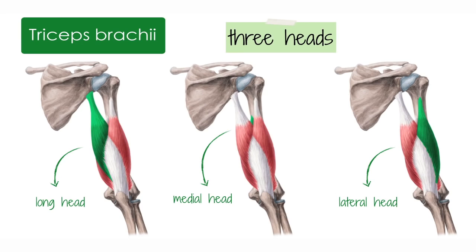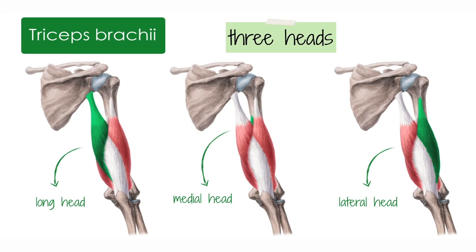Now, the three heads merge, as you can see on either of these three images, into a relatively flat tendon, and then insert right here on your elbow, on the olecranon of the ulna.